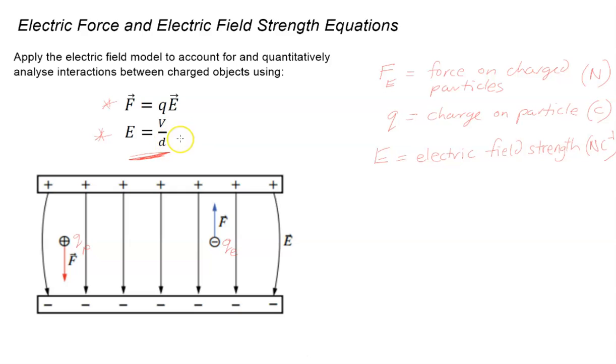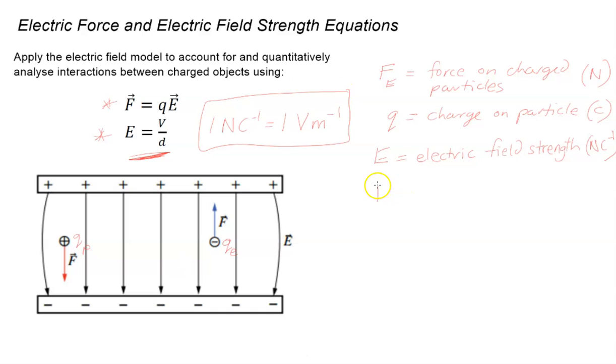So that'll be volts per meter. So these are equivalent units. 1 newton per coulomb equals 1 volt per meter. And that's a good thing to remember.